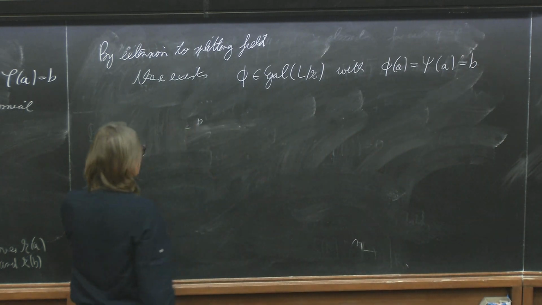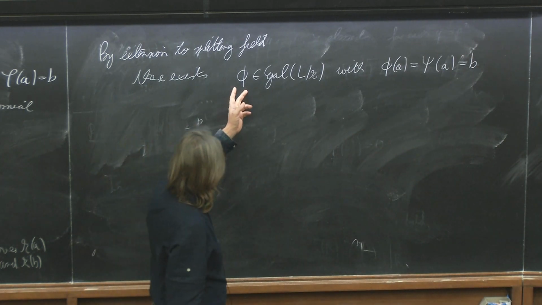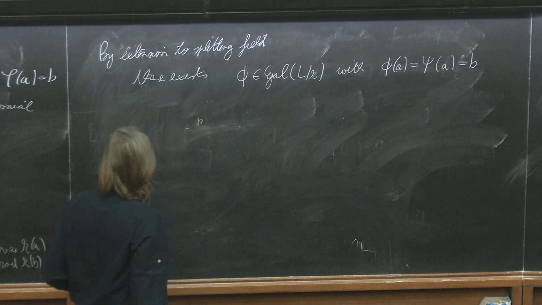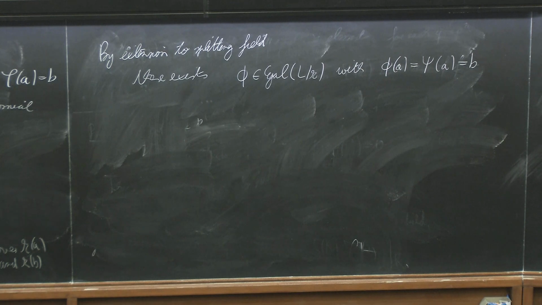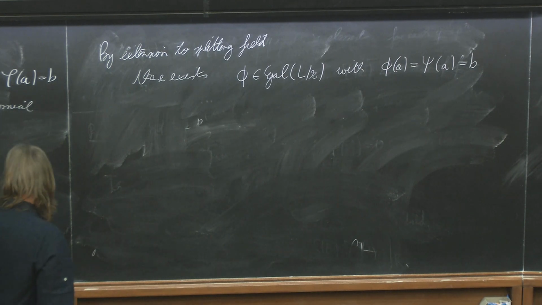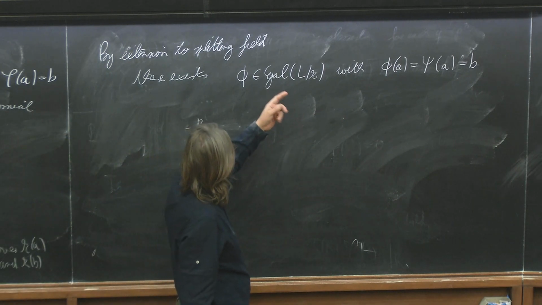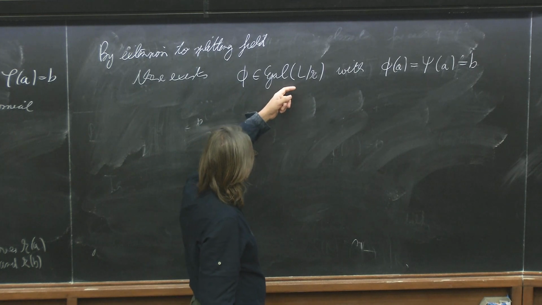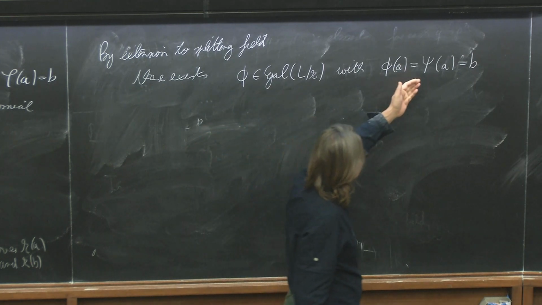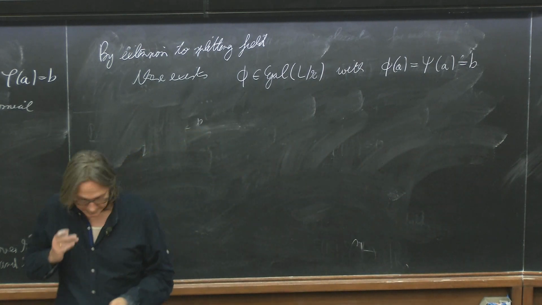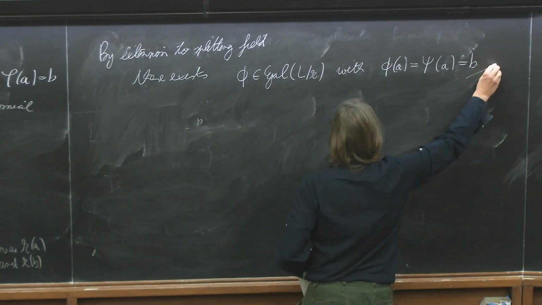So the extension to splitting fields says there is an automorphism of L which extends our psi. And then obviously, as psi is already a K-automorphism, also phi is a K-automorphism, so it lies in the Galois group. And as psi sends a to b, then also phi does. Okay, and that's one direction.